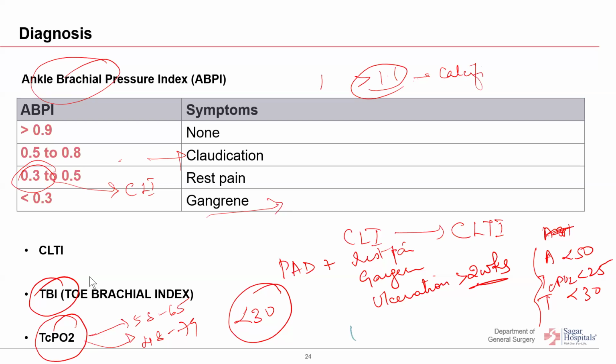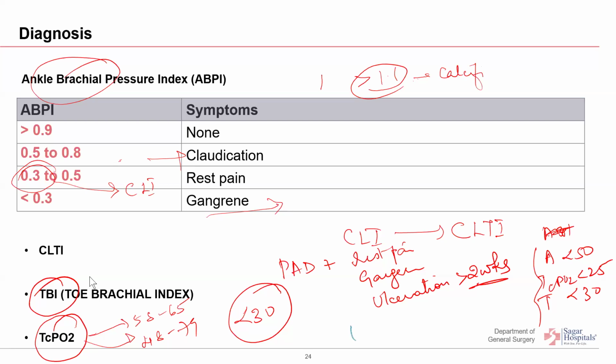So why do we go to toe brachial index then? Because of these falsely high values, technically we call it a non-compressible vessel. For the leg, we tie the cuff above the ankle level. In spite of how much ever you increase the pressure above the systolic pressure in the brachial, you still continue to hear the Doppler signals in the dorsalis pedis and posterior tibial.